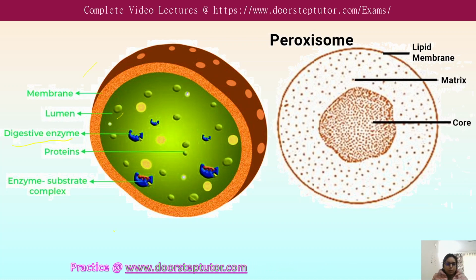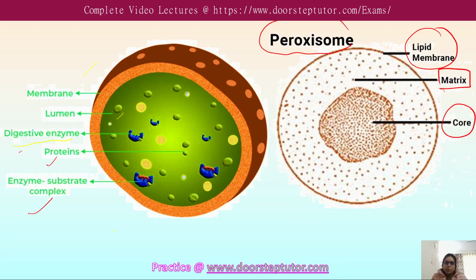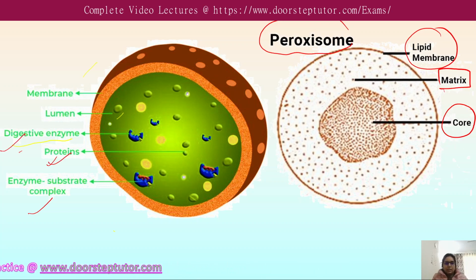This is the diagram of the peroxisome, and it is the same diagram for the peroxisome as well as the glyoxysome. They have a lipid membrane, which is a single membrane, a matrix, and an internal core, which consists of many digestive enzymes, protein, and several enzyme substrate complexes.